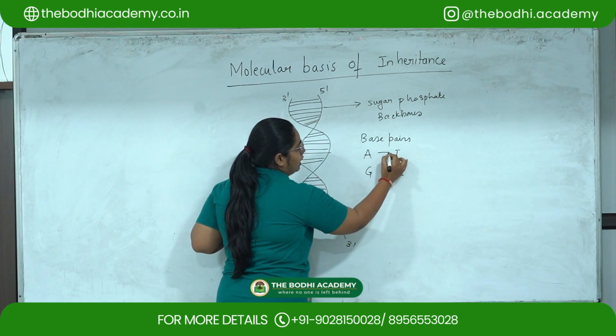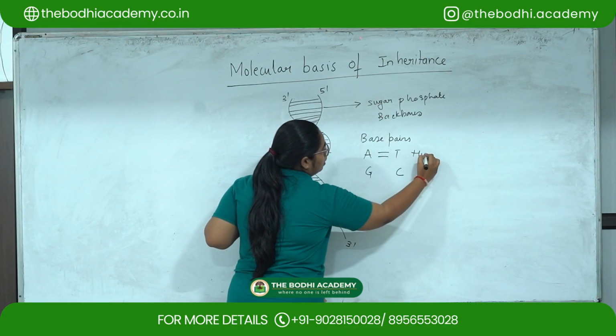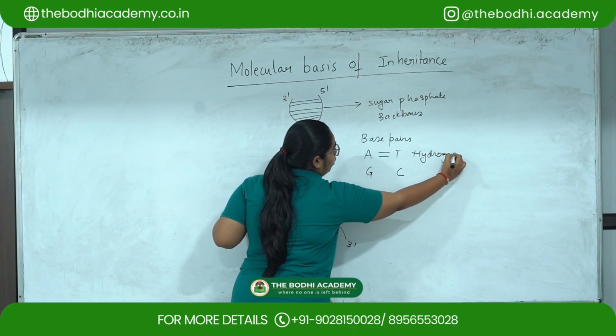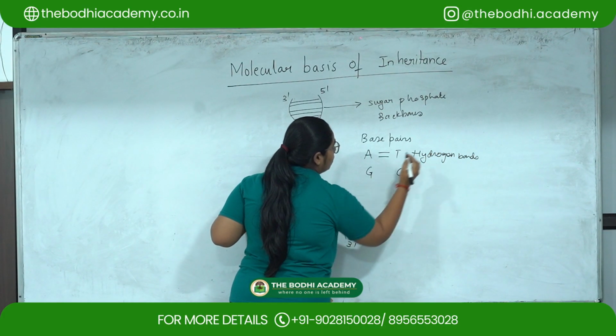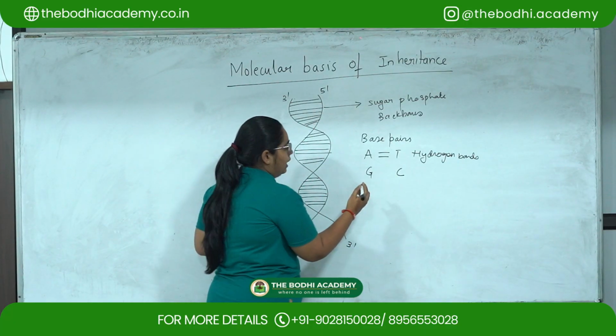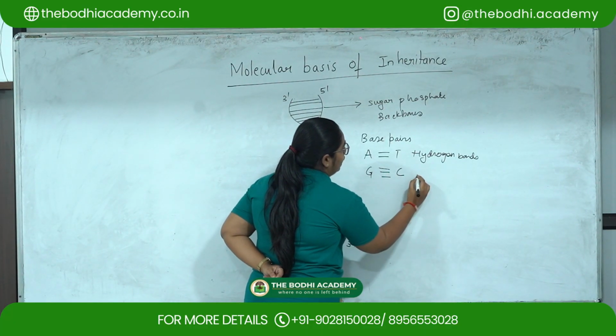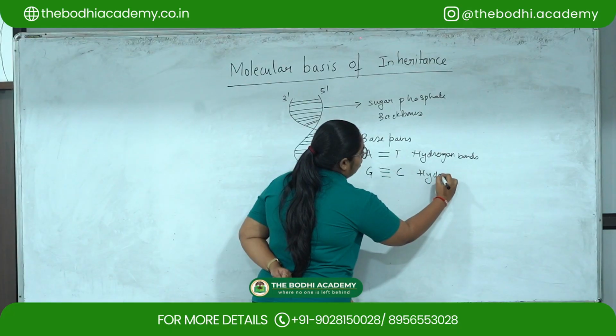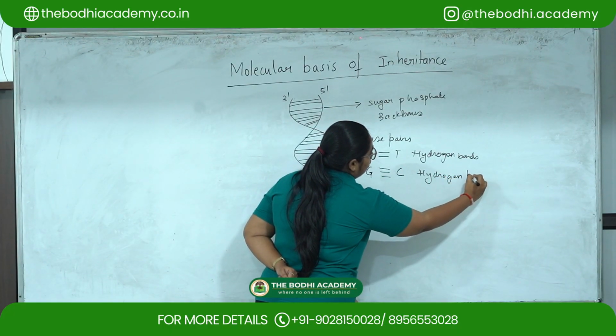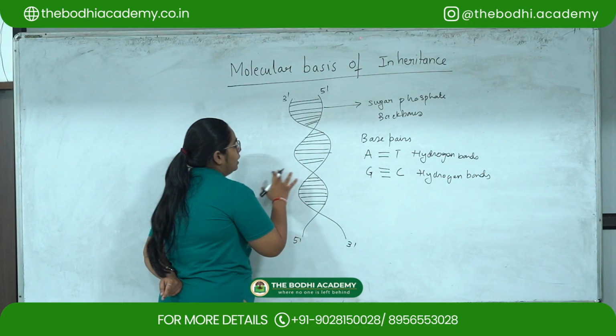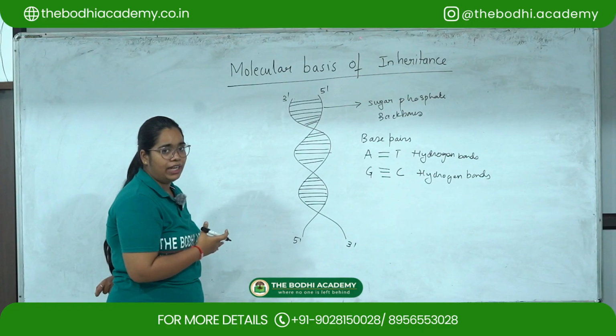Adenine and thymine are held by 2 hydrogen bonds, and guanine and cytosine are held by 1, 2, 3 hydrogen bonds. So basically this is a double helix structure of DNA.